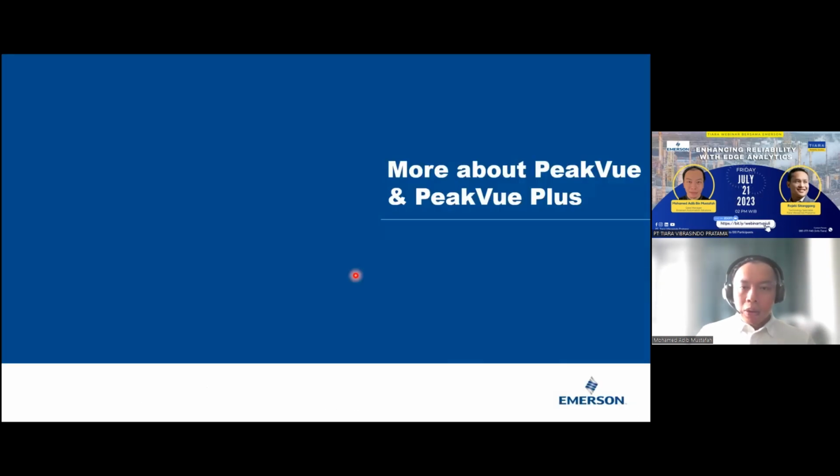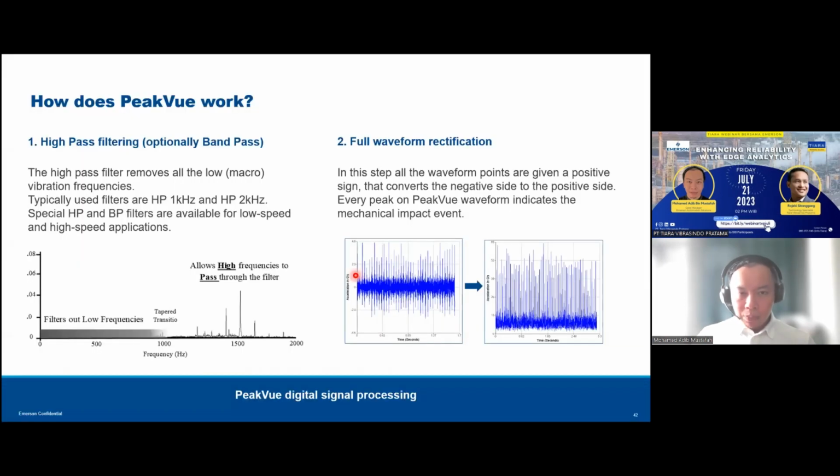So just to show a bit, I mentioned earlier on PeakView Plus. I'm not too sure whether any of you are familiar with it, so I just want to share today what it's all about. I believe most of you know PeakView very well, most of you are very good PT Tiara customers, so you must know about PeakView well.